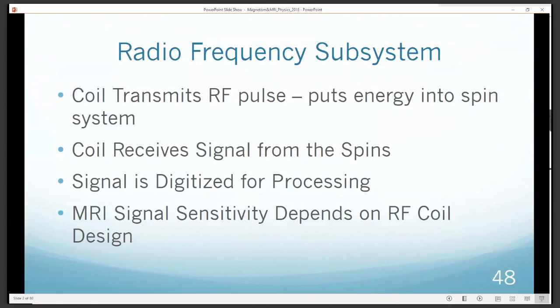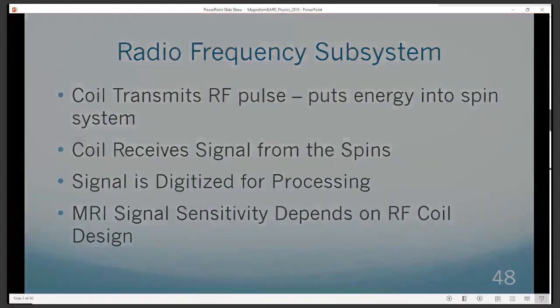A lot of the difference between different systems and their sensitivity to produce the MRI signal depends on RF coil design. So RF coil design and associated RF electronics are some of the most important trade secrets of the various MRI companies.